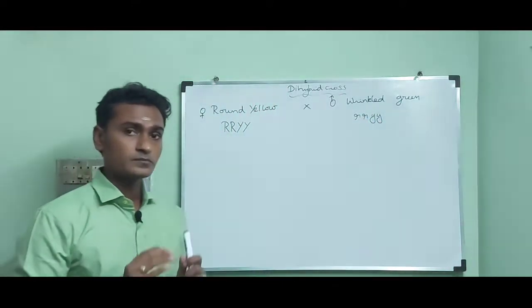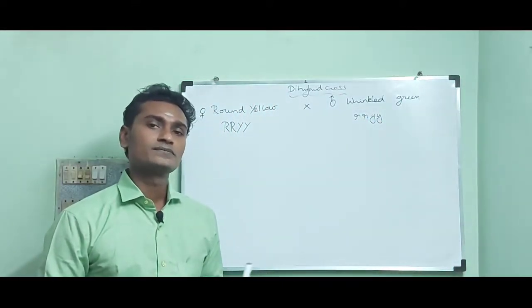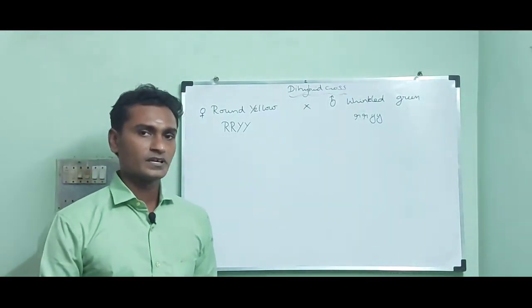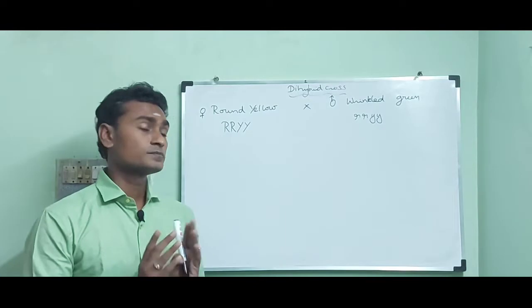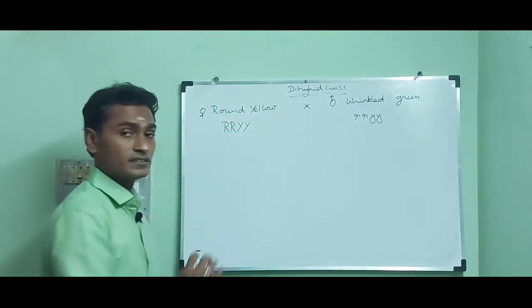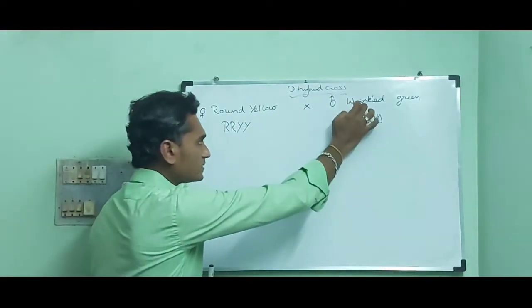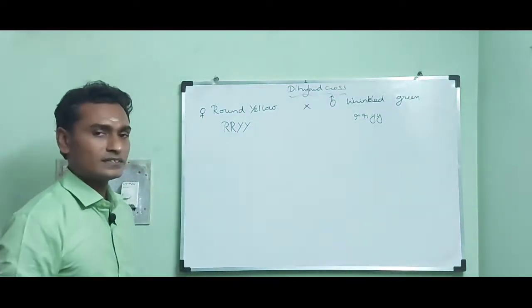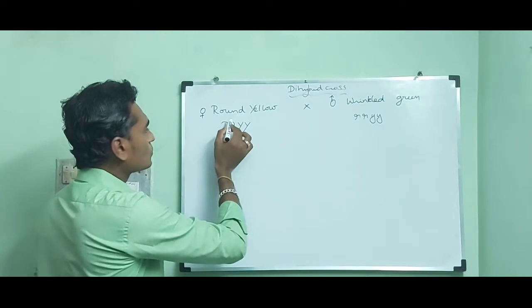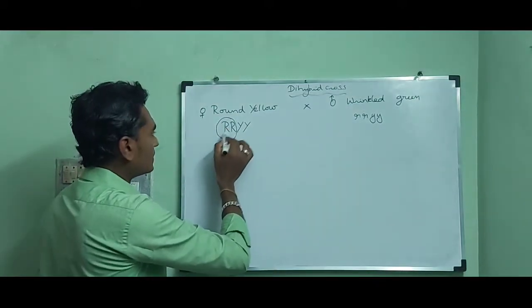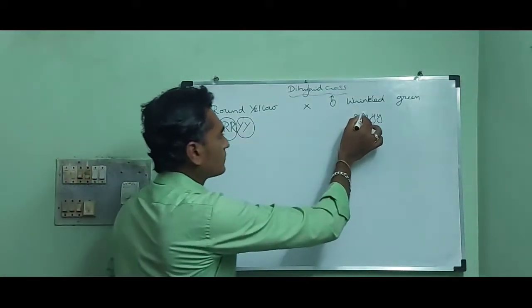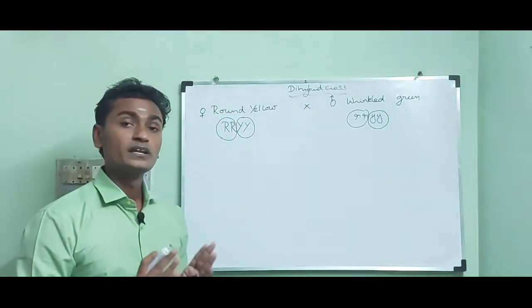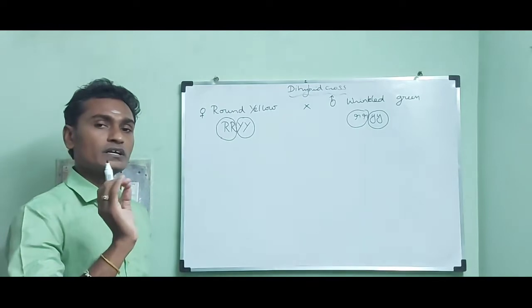Now I am going to explain the definition of dihybrid cross with this step. I told you it is a cross between two individuals which is made to study the inheritance of two pairs of alleles belonging to two different genes.